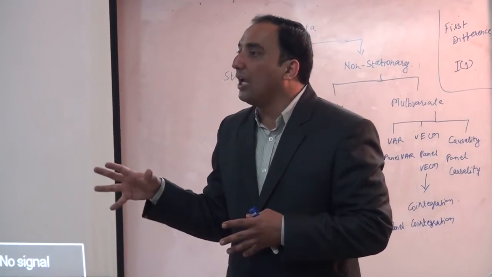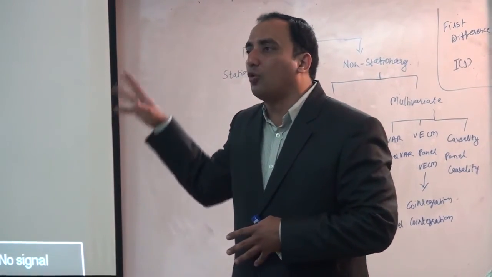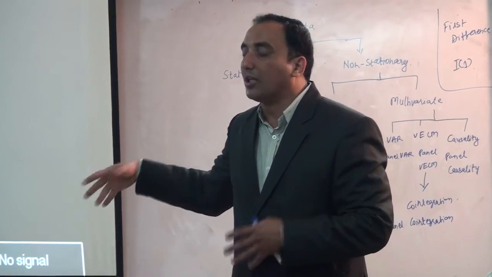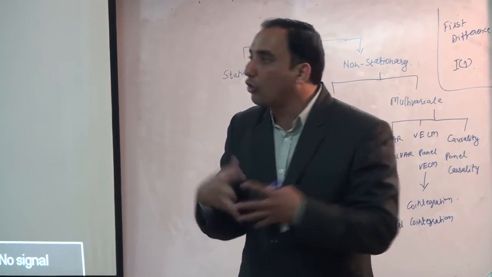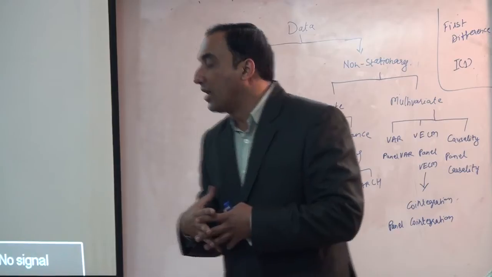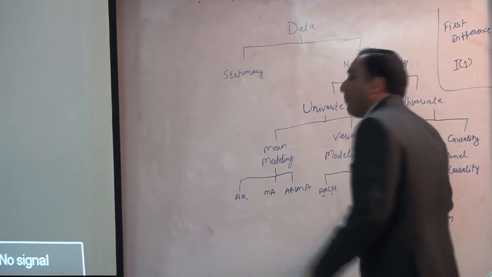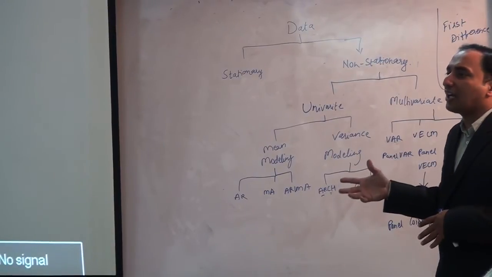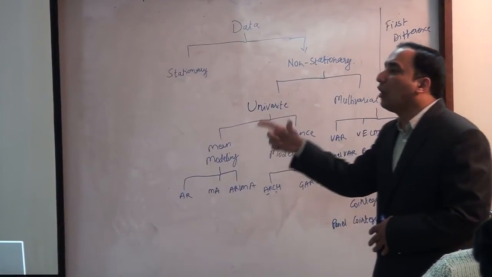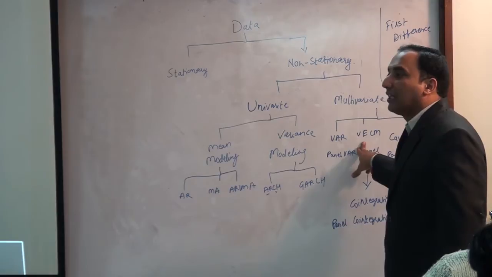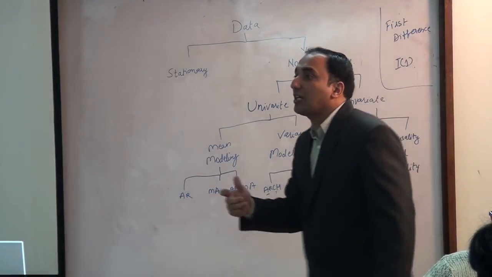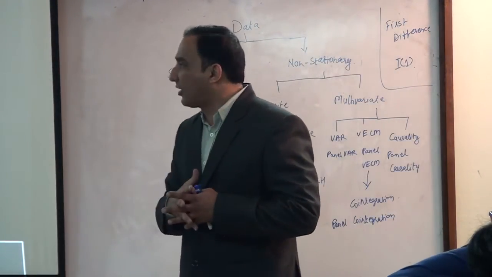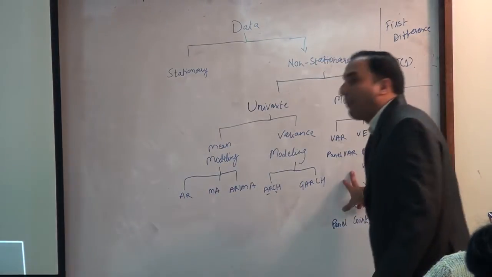If there is VAR only among the variables, you will go for normal time series. But if the VAR is also among different cross sections, then panel VAR becomes much more important. Similarly, if there is an error correction term only in your variables, you will go for VECM. But if the error correction term is also there in different cross sections, then you will go for panel VECM.